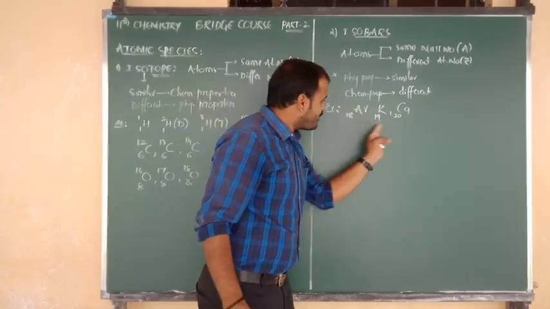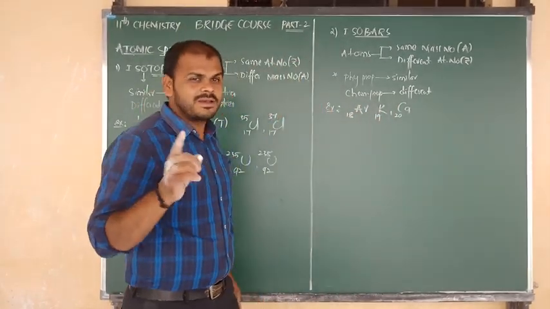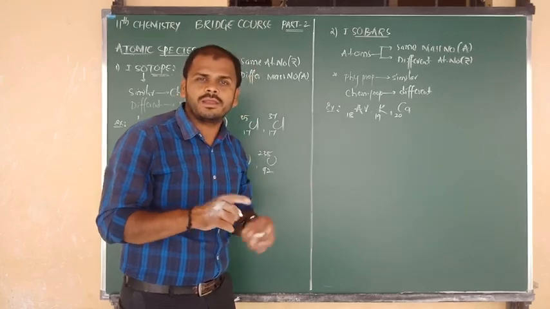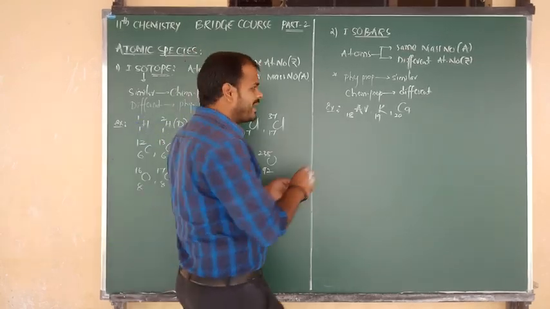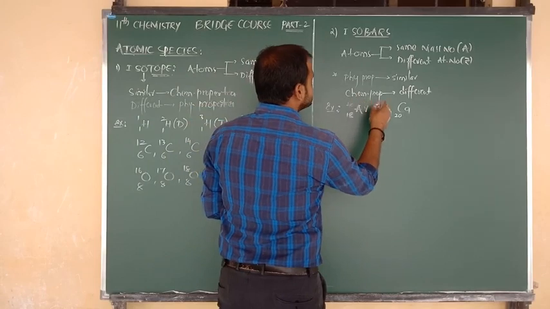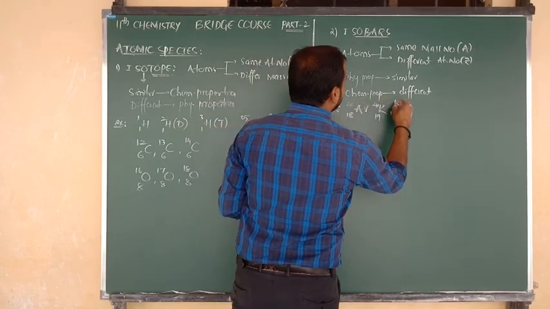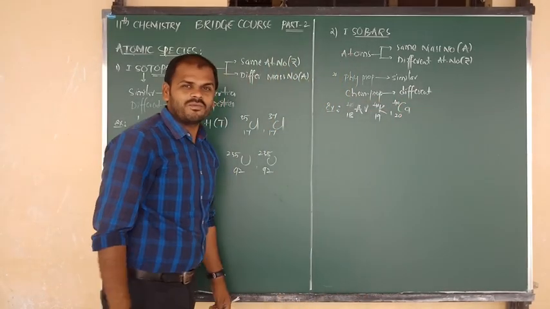So atoms with different atomic numbers, but these three species contain almost the same mass number value, nearby 40 units. Here also 40 units, here also 40 units.